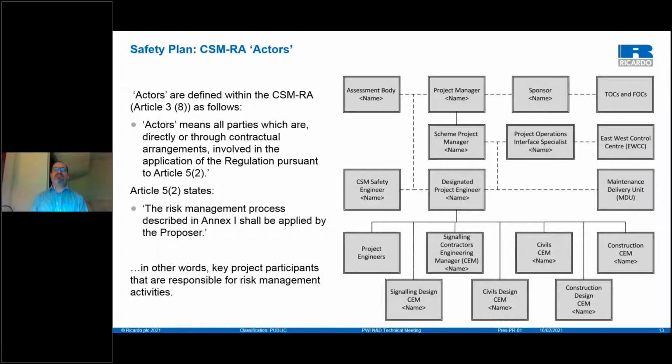So they will be interfacing with the operational railway in their day-to-day activities. So all of these organisations and people need to be named, ideally given names, and their competence to undertake those roles and their ability to deliver the CSMRA responsibilities will be defined as part of the risk management process and documentation.